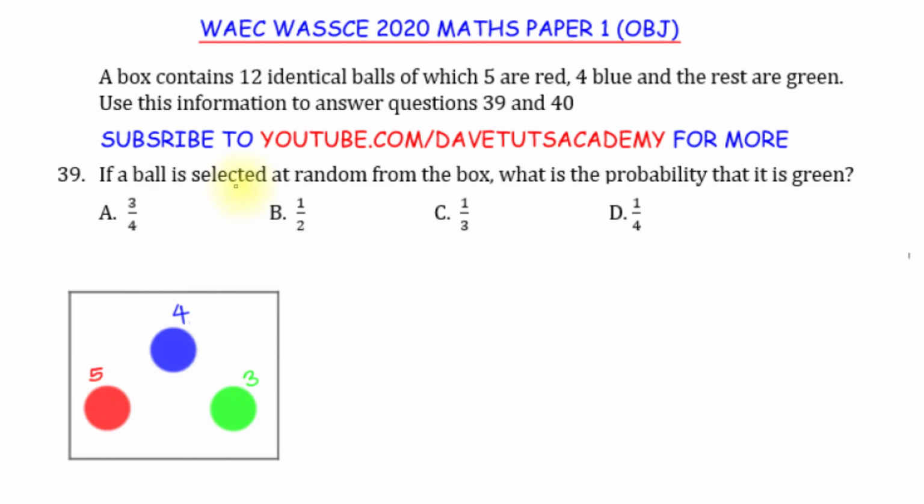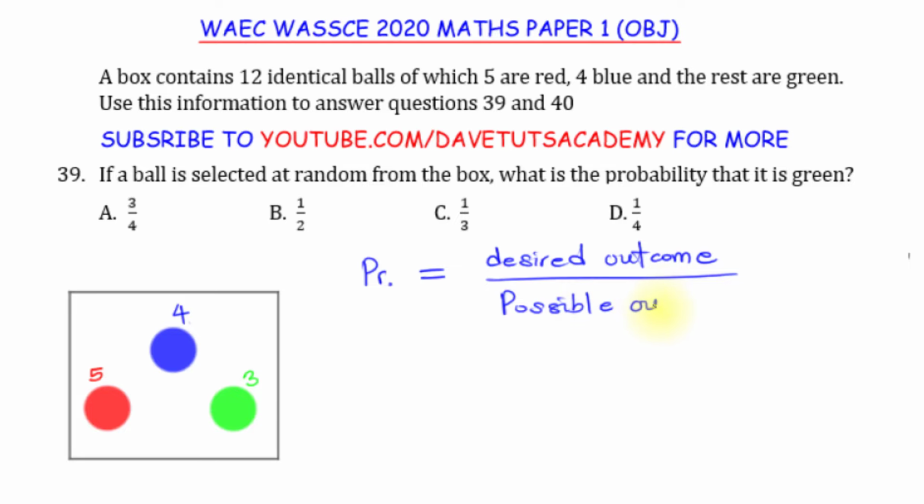Now, we are told that if a ball is selected at random from the box, what is the probability that it is green? Generally, probability is the ratio of the desired outcome over the total possible outcomes that you can imagine from the scenario in which you are looking here.